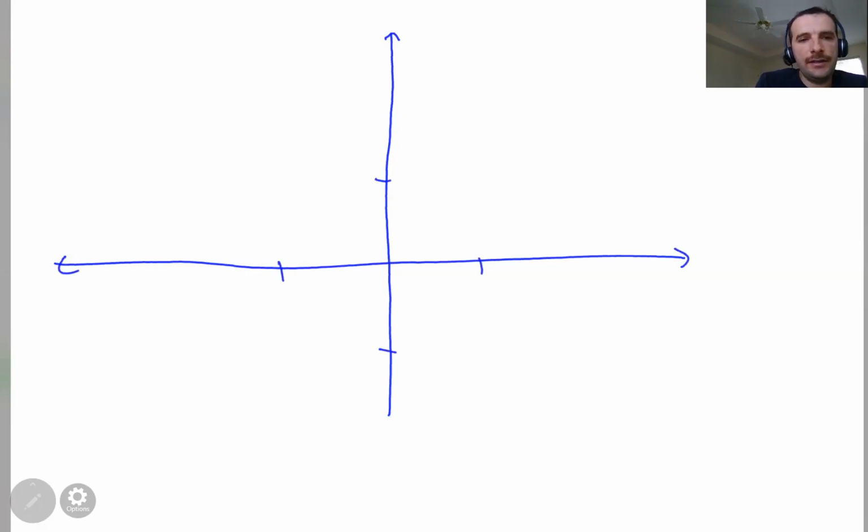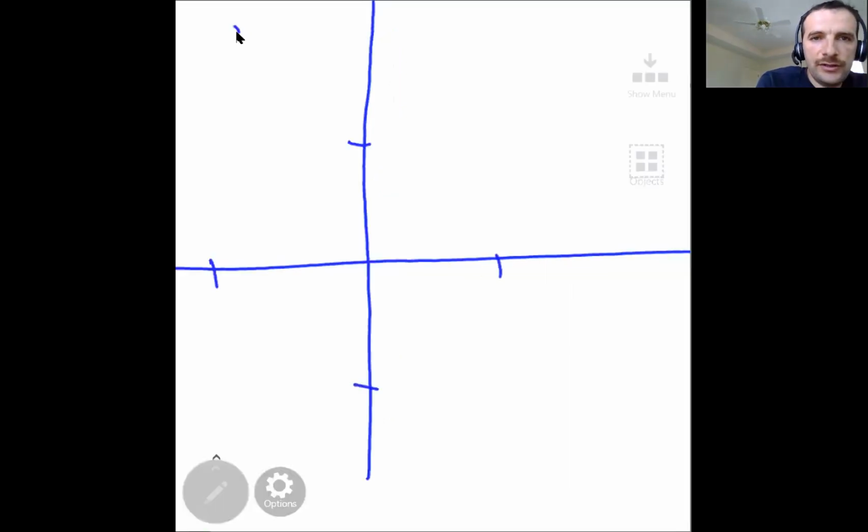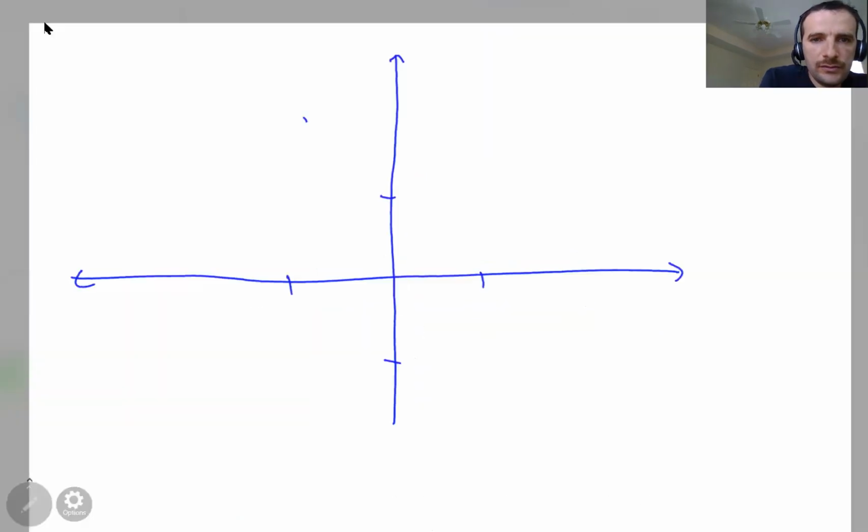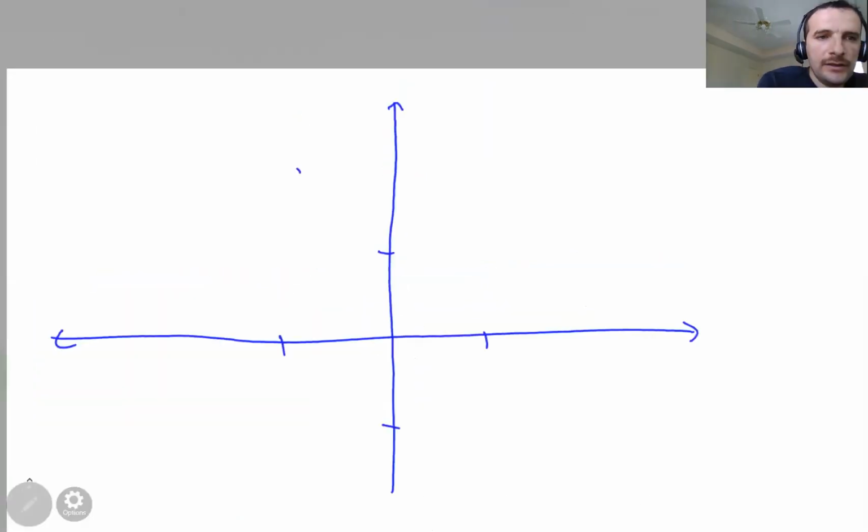So let me write down what we have actually from the first page. So what do we have here? X prime equals x times y minus 1 and y prime is equal to y times x plus 1.